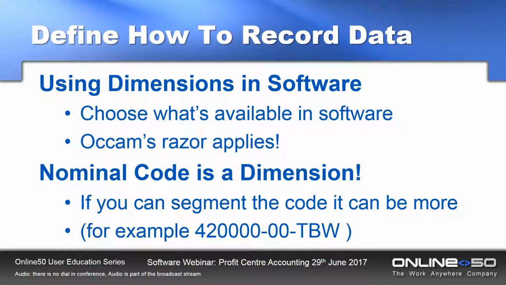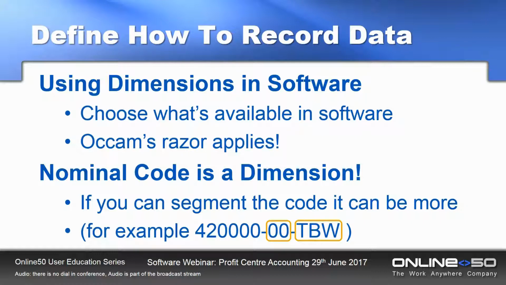And what that allows you to do is build up a composite code which the system understands. The first portion is, if you like, the nominal code, and then the next two segments here are additional dimensions of analysis. So if your system supports that, then you can use those for additional nominal codes, additional dimensions of analysis on the nominal code.